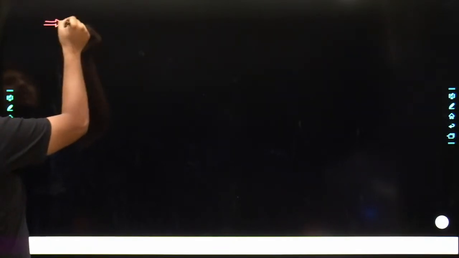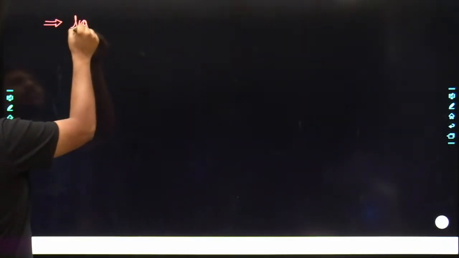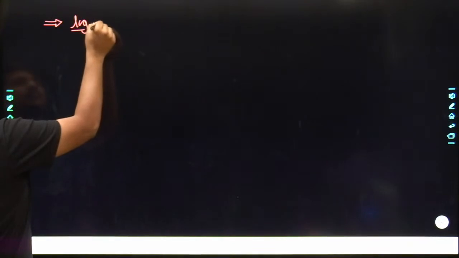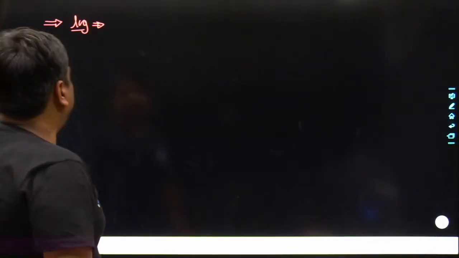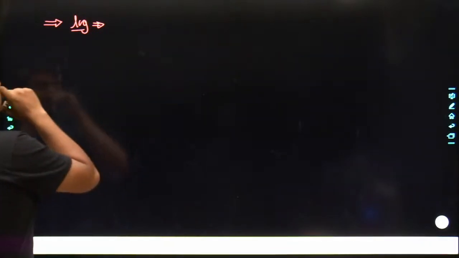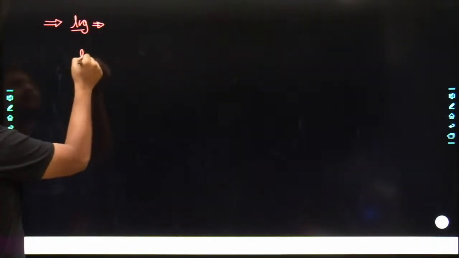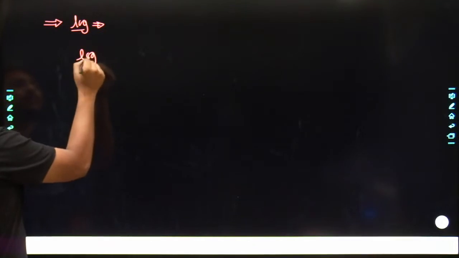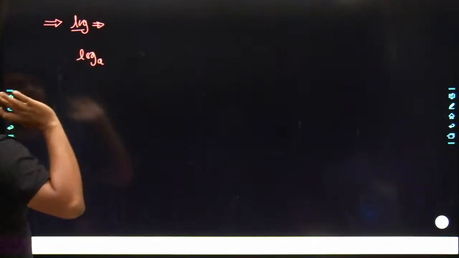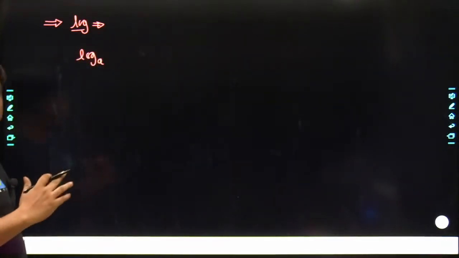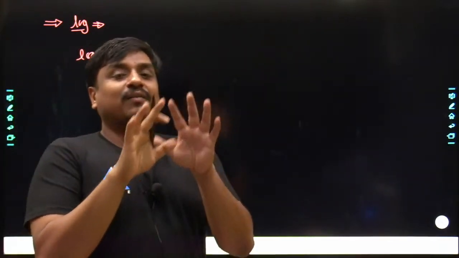Now let me briefly discuss a few of the important properties of the log. Just try to understand, if I say log base a, for the time being I have taken a itself. Why have I taken a itself? Because it would cover the broader sense.